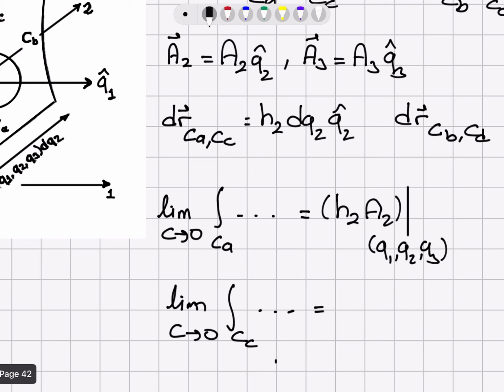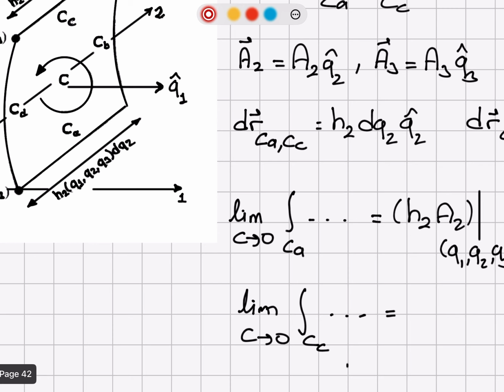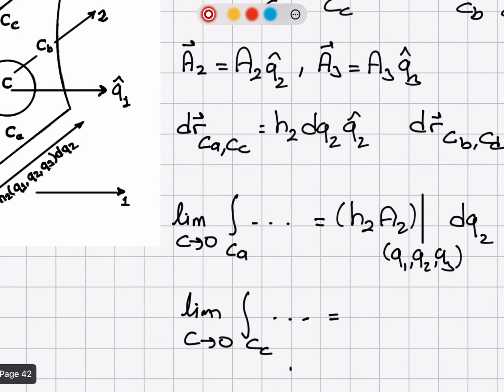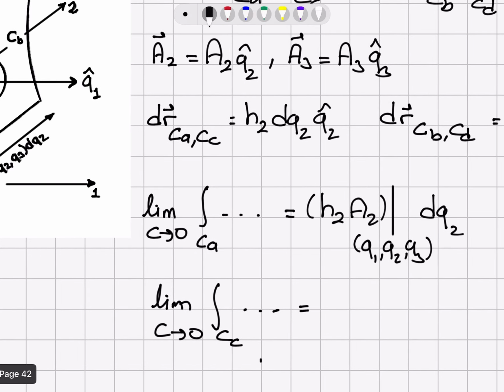And that will be multiplied by dQ2. So H2 dQ2, dot product with the vector A, so it's the component on Q2 axis, and we are going in this positive Q2 direction. For CC, I'm going in negative Q2 hat direction, so this will be the same thing, minus H2A2.